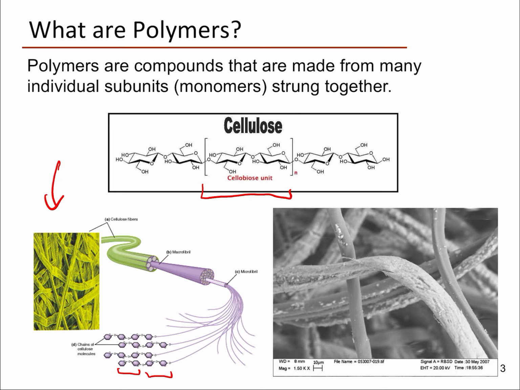They make these long strings which are bundled together to make microfibrils. These are bundled together again and again, and the final thing that we have is a cellulose fiber. You can think of this like a cotton ball, where the little individual strings would be like these cellulose fibers. And of course we use cellulose fibers from cotton and other materials to make things like clothing, fabric.